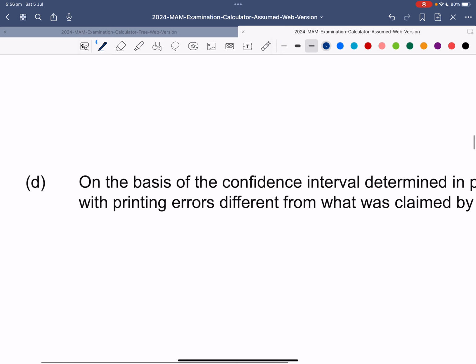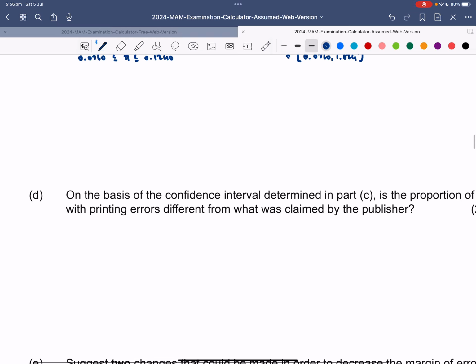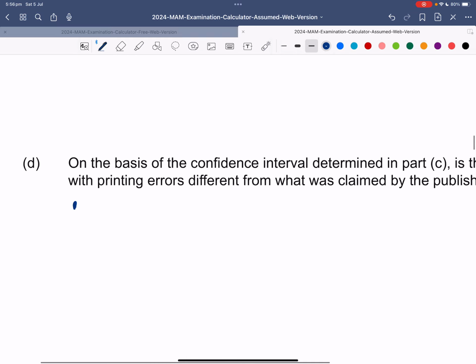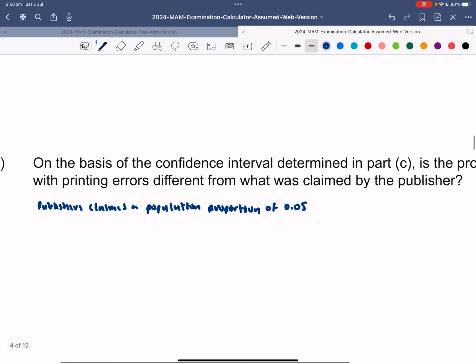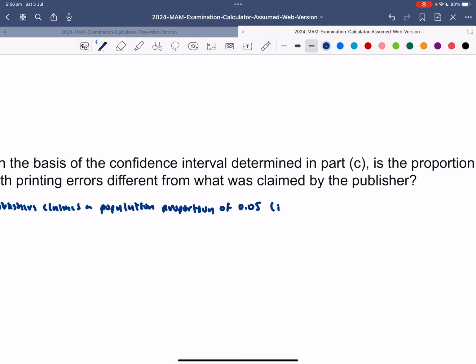First of all, we can say that the publishers claimed a population proportion of 0.05, i.e. the proportion of books with errors.